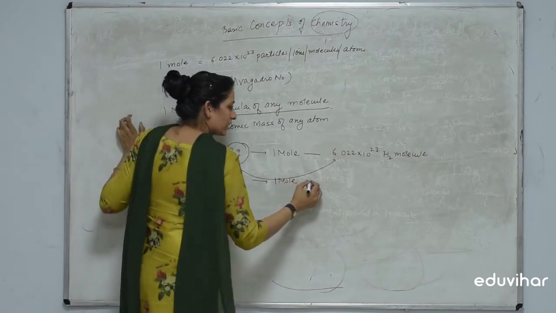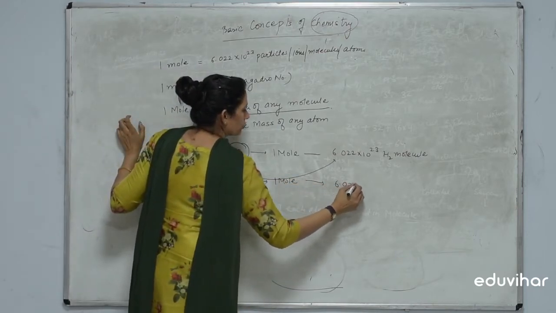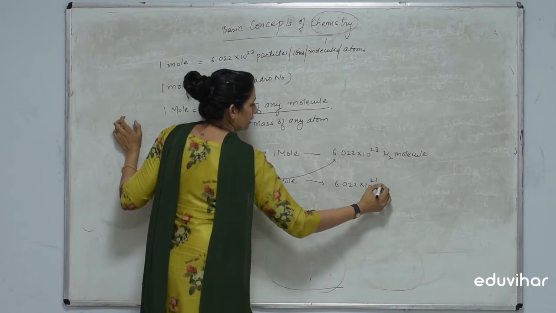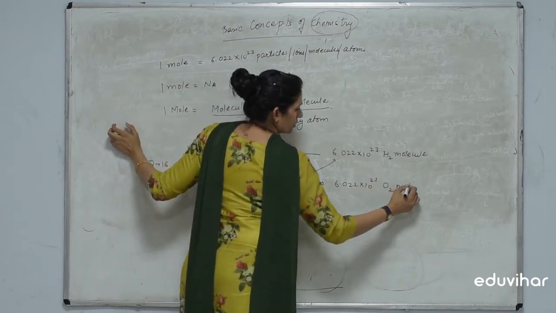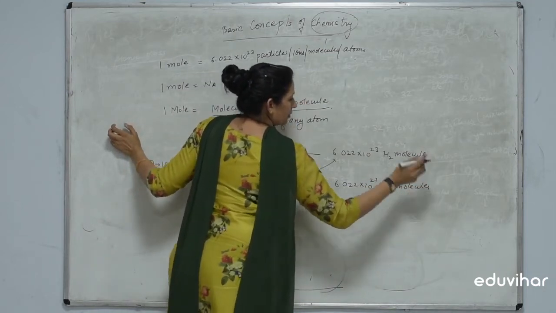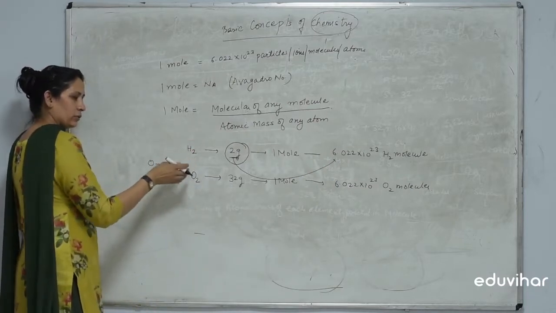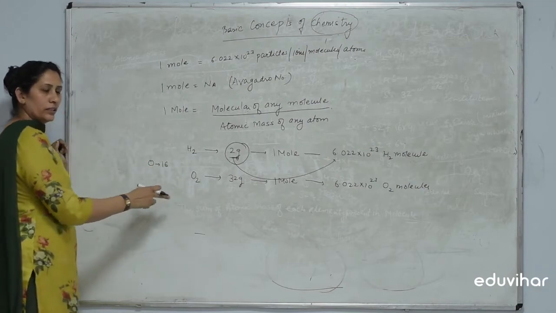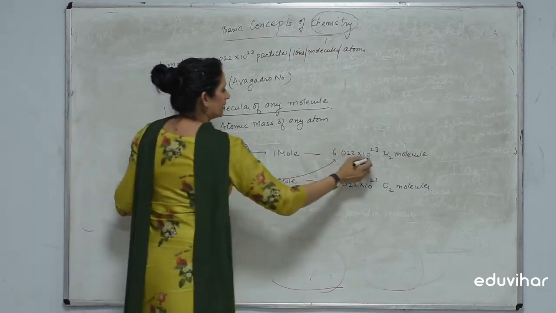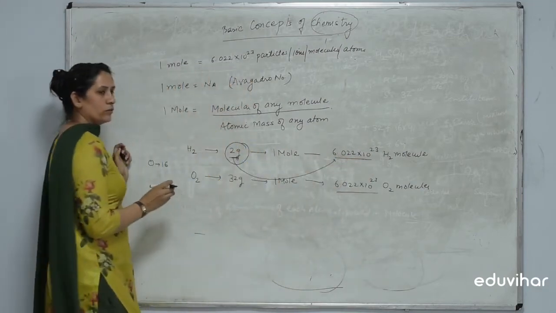And this 1 mole again is equal to 6.022 into 10 to the power 23 oxygen molecules. I think you get the point. Whenever we are taking any molecule, the molecular mass of that particular molecule always contains this number of molecules.